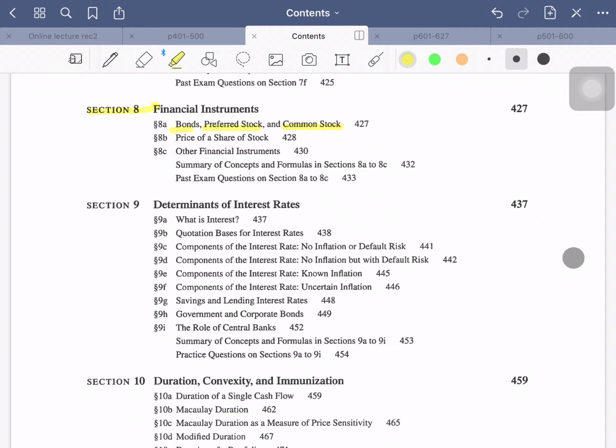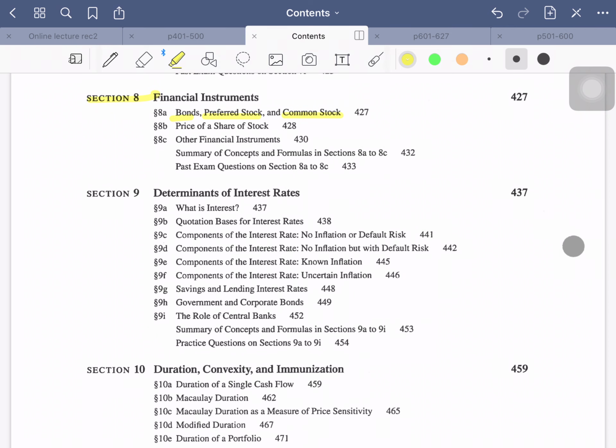We almost determine the dividend, but we don't have any specific redemption value. It gives some formula on how to calculate the preferred stock price. Okay, so that is basically chapter 8. This is a short chapter.